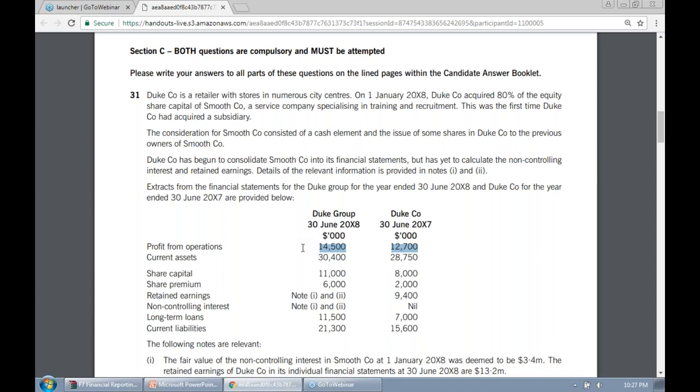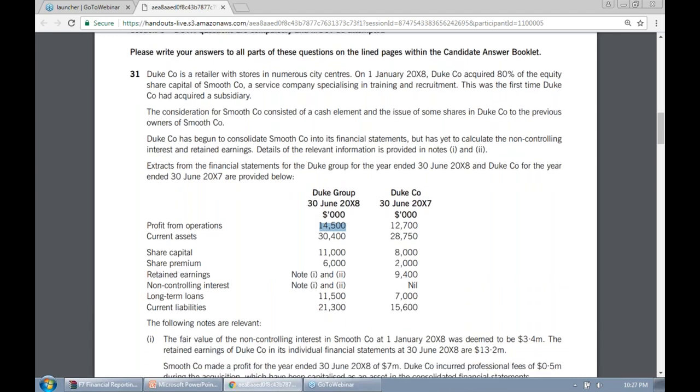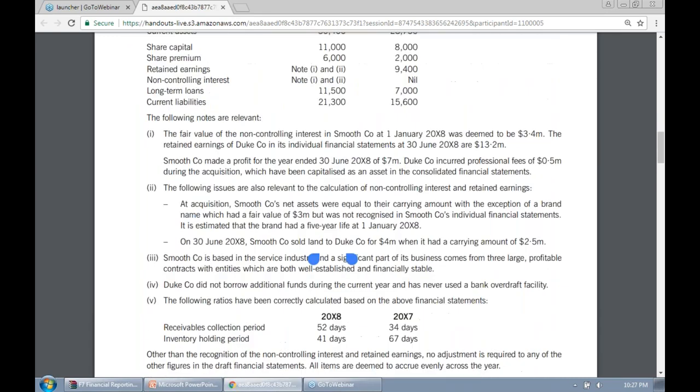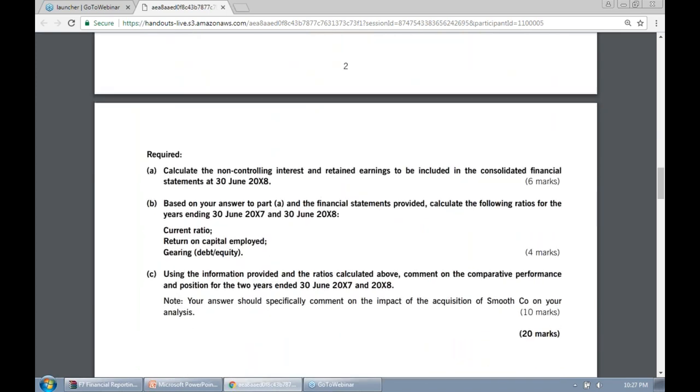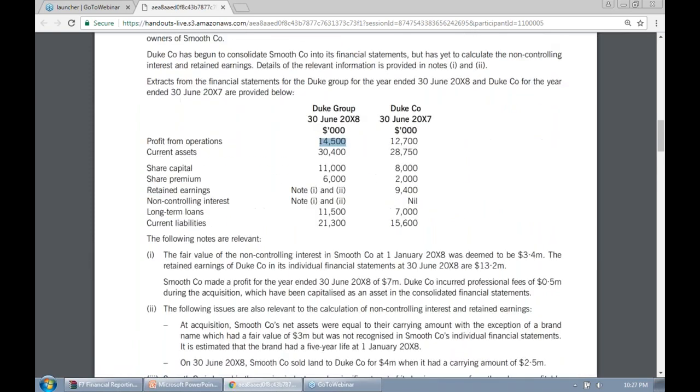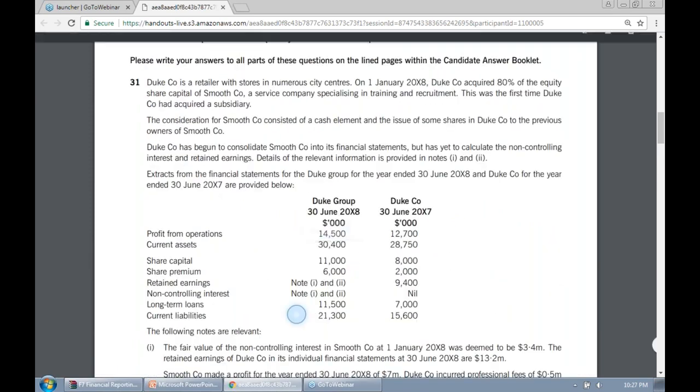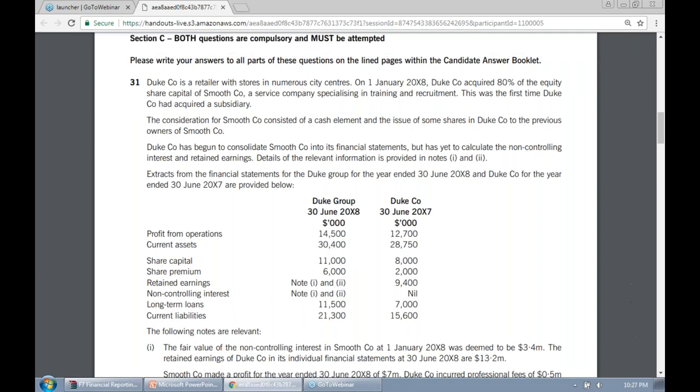Firstly, then you should discuss that this profit is increased because of the acquisition of Smooth. So whatever the impact of Smooth should be deducted first, and then you can comment on Duke's performance specifically. But the question is clearly saying that you have to show the impact of the acquisition only. So actually all the results of 2008 will be overstated because of the acquisition of Smooth.